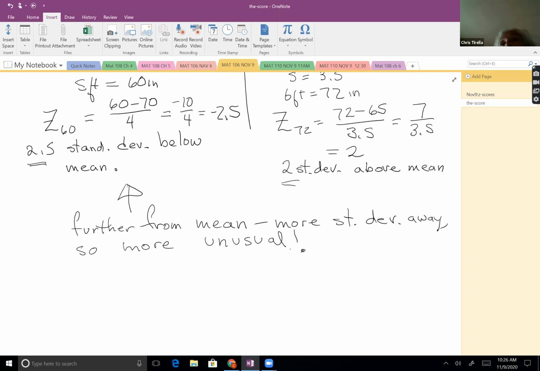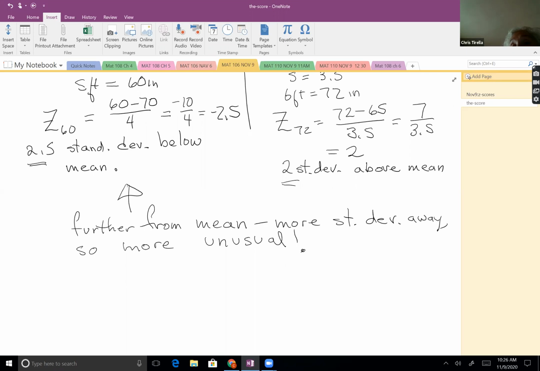So to be able to compare people who took different tests. In the same way, another comparable example would be some people take the SAT exam before they go to college. Some people take the ACT exam before they go to college. They both test the same thing, but they have very different grades with very different means and very different standard deviations. You know, we could use the z-score to compare those two.